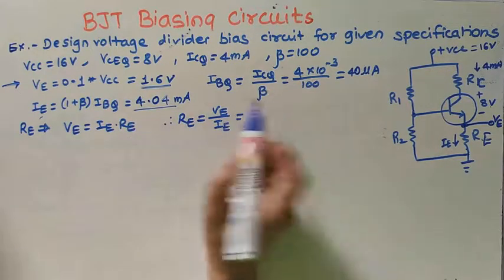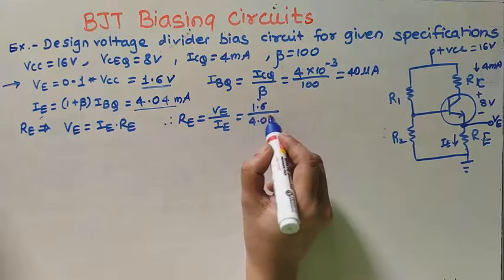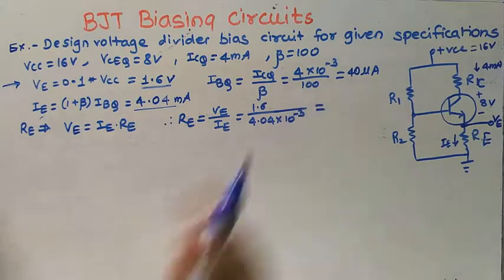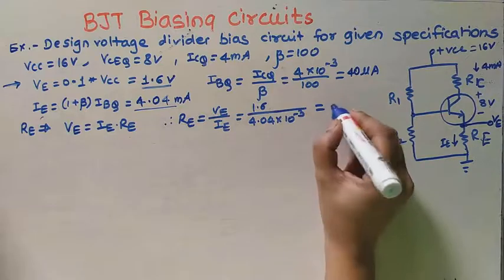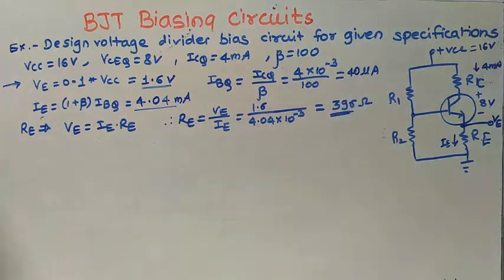So VE is 1.6 divided by 4.04 into 10 raised to minus 3. So after solving this on calculator, we'll have the calculated value as 396 ohm. But we have to select the standard value.